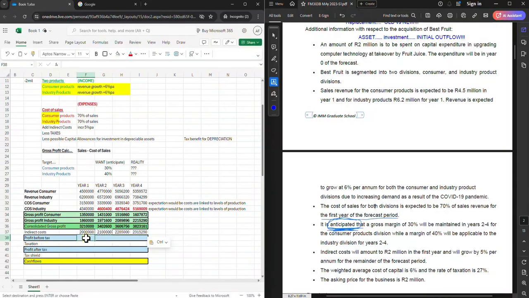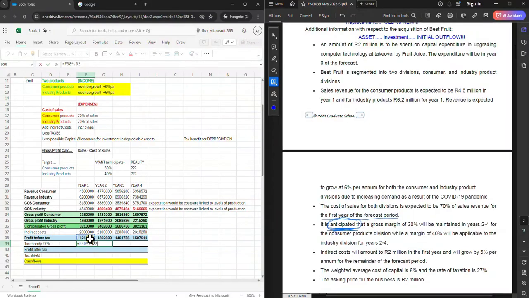Okay, profit before tax, how do you get that? So consolidated gross profit less the costs, not so? Yes. Profit before tax, that's just an accounting line item, basically. Happy with that? 100%. Taxation of 27%. So 27% of this, right?